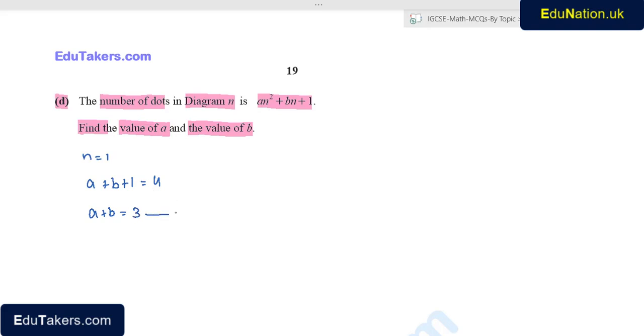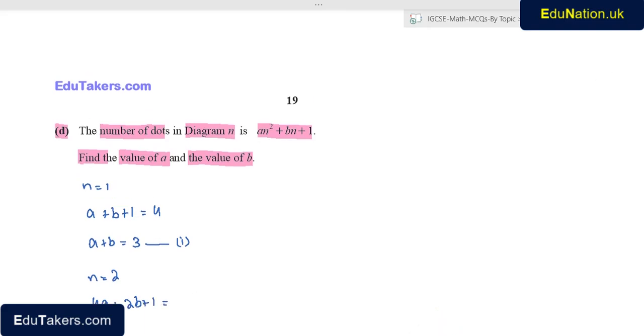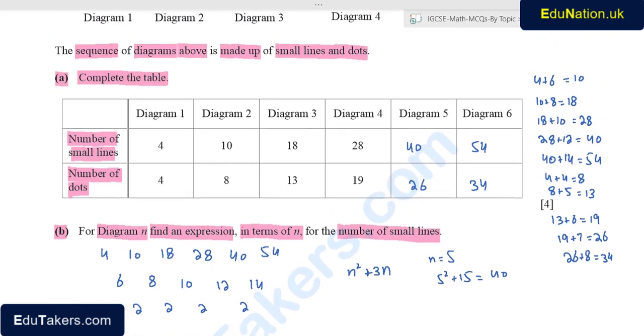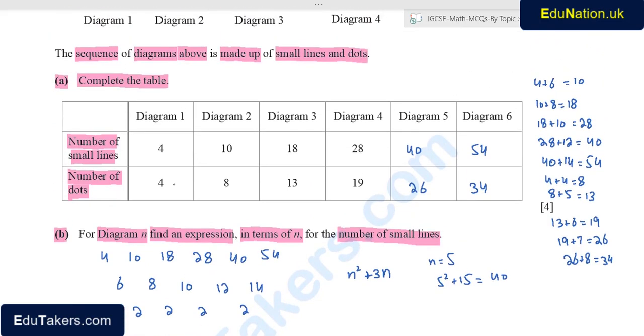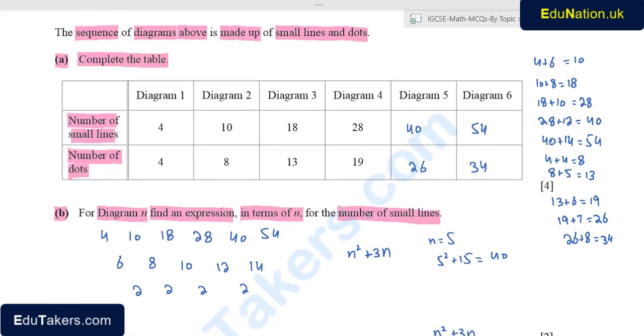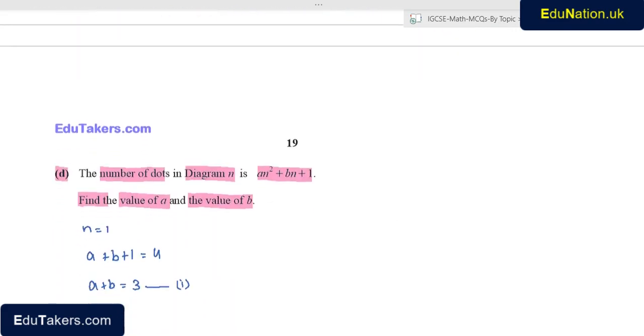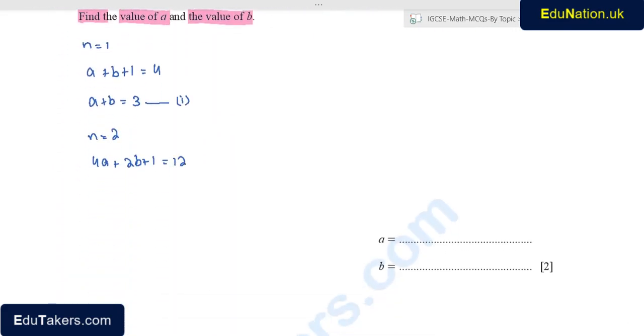Let's say this is equation 1. And when n equals 2, this will be 4a plus 2b plus 1 equals the number of dots for the first two diagrams, this will be 8 plus 4 is 12. Then 4a plus 2b equals 11, equation 2.